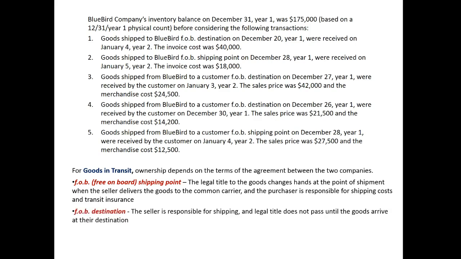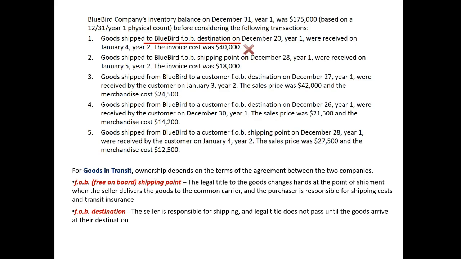If it's FOB destination, the seller is responsible for the shipping and the legal title will not pass until the goods arrive at their destination. So goods are being shipped to Bluebird FOB destination, but they weren't received until January 4th of year 2. Therefore, we know that would not be included in our inventory.